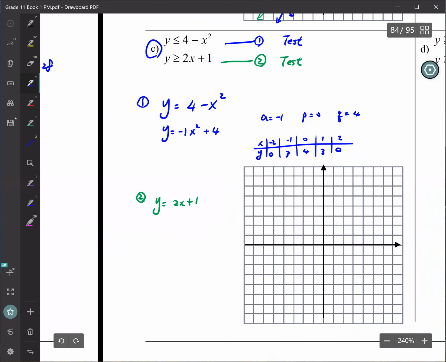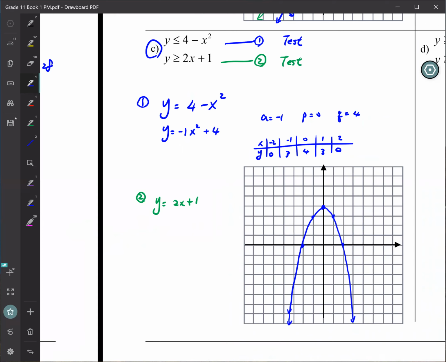For the blue one, 0, 4. This one opens down. So 1, 3, 2, 0. This one is a solid line as well. I'll draw all the way to the end.